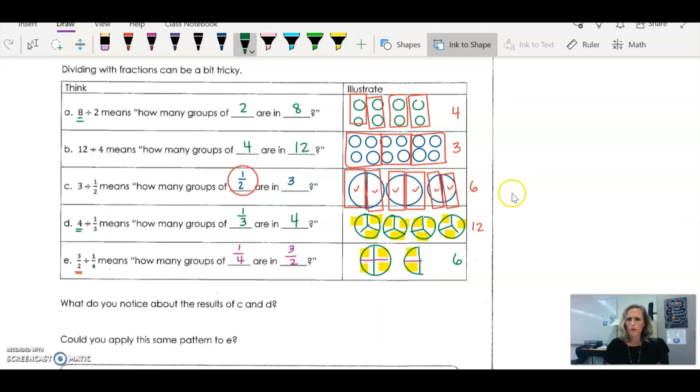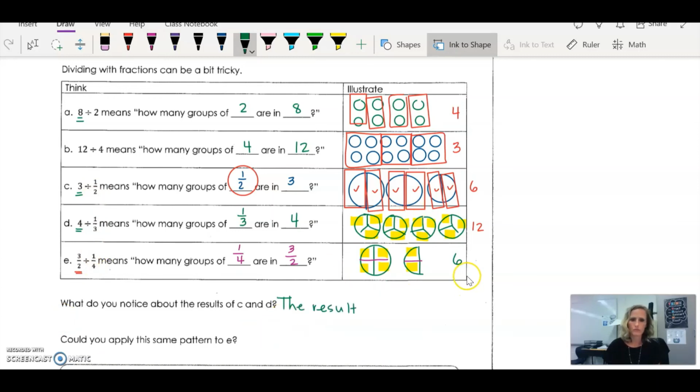So what really happened here, when we divide by a fraction, the number actually becomes larger because we're multiplying that first starting number by the denominator of the second number, or the fraction, okay?